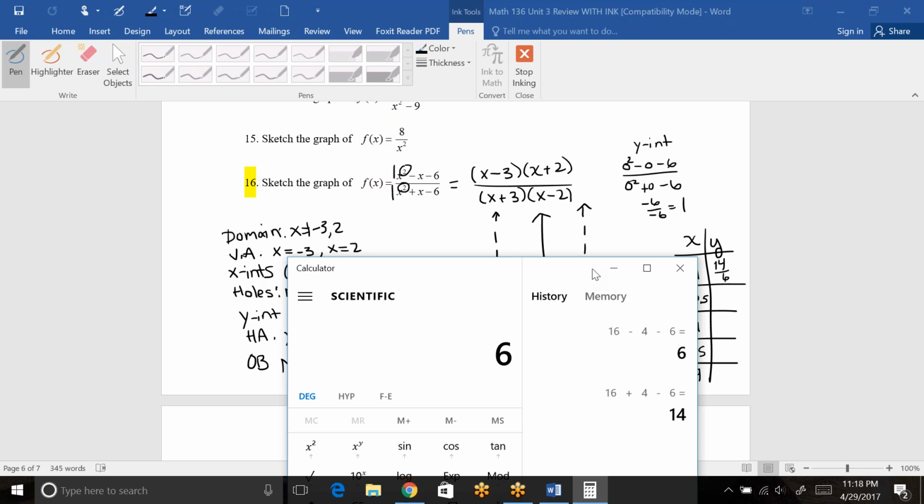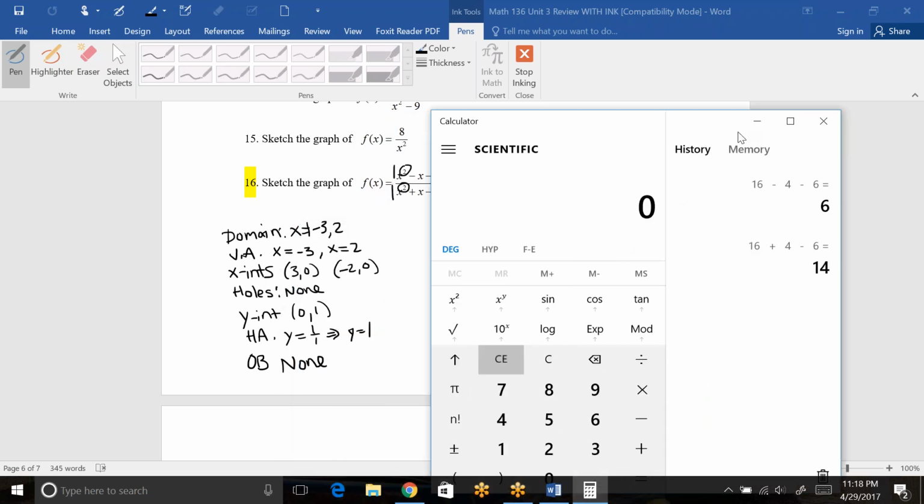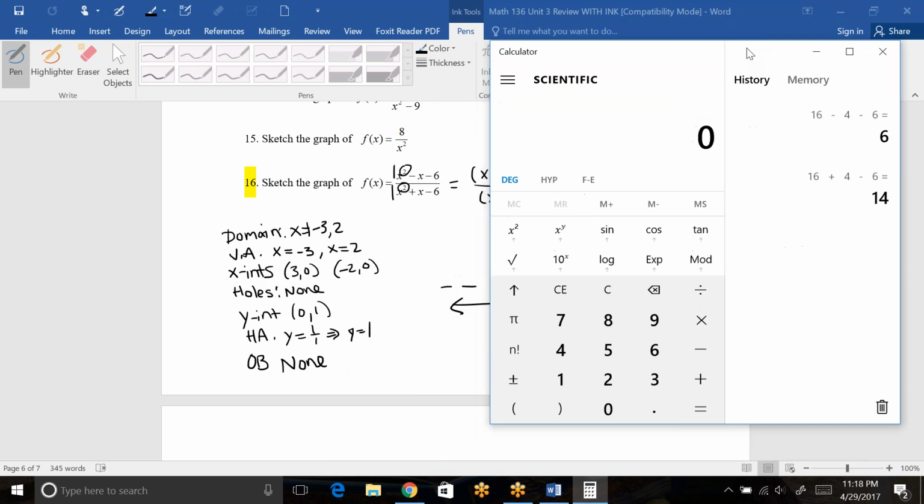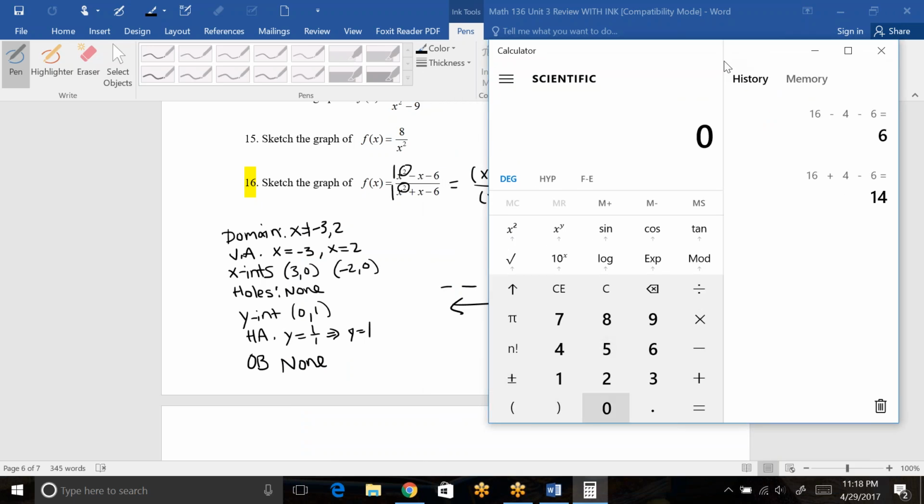Now I need to square -2.5. So the hardest part about this one usually is figuring out all the table stuff. So 2.5 is negative, and then we're going to square that. So that's 6.25. Minus a -2.5 would be +2.5, and then -6.